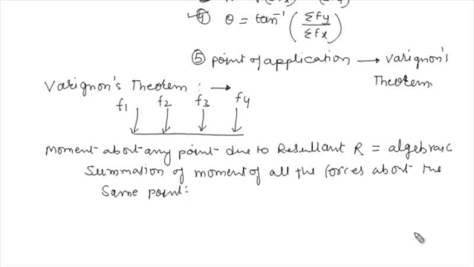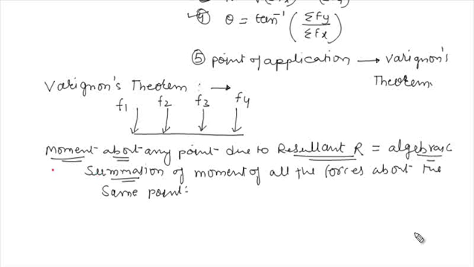So according to Varignon's theorem, the moment about any point due to resultant R equals the algebraic summation of moments of all the forces about the same point. In this way we can easily find out the point of application or location of the resultant force.